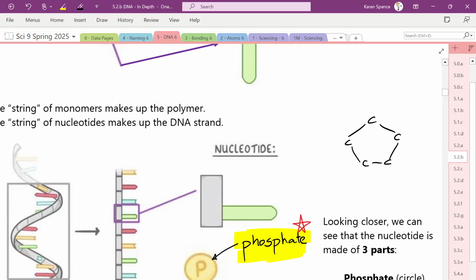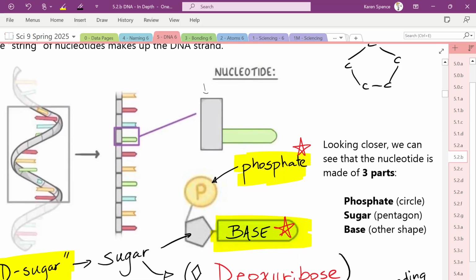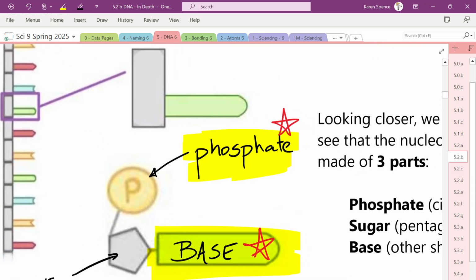And a nucleotide is actually made of 3 parts. This gray rectangle here is actually made up of, we've got a circle part, and that is a phosphate. Okay, so the circle part is a phosphate. Write that down.